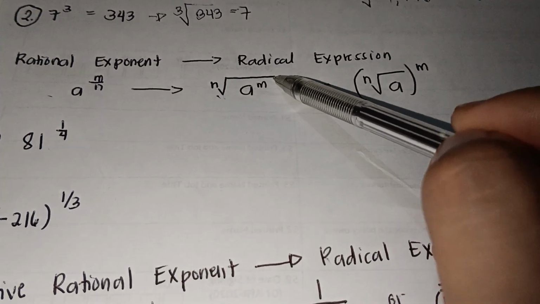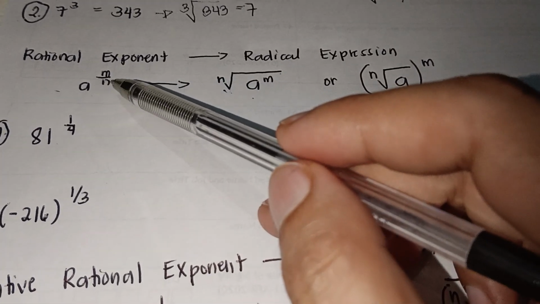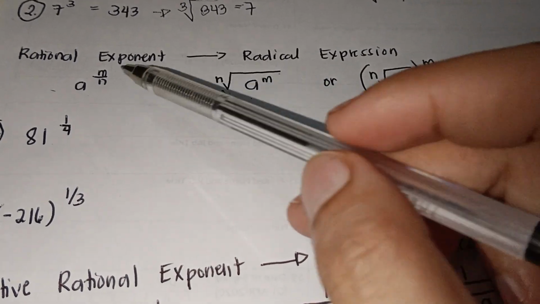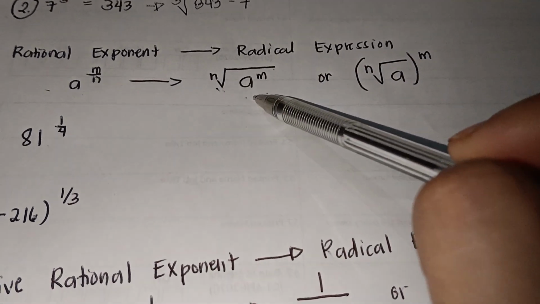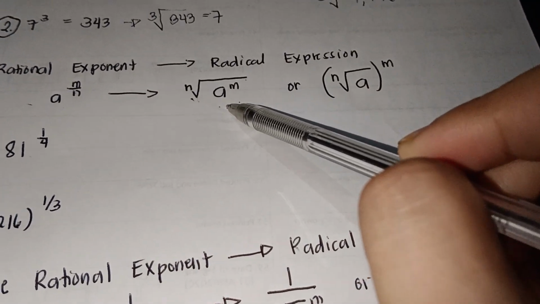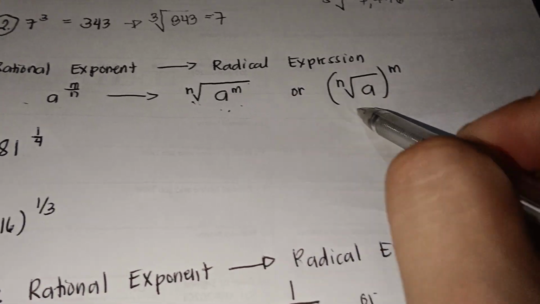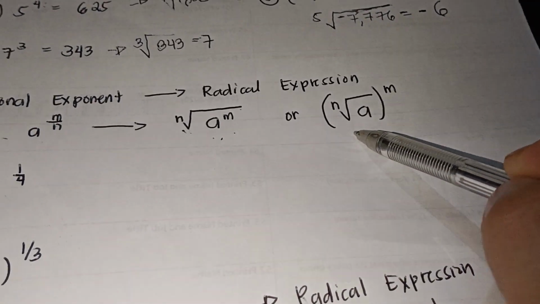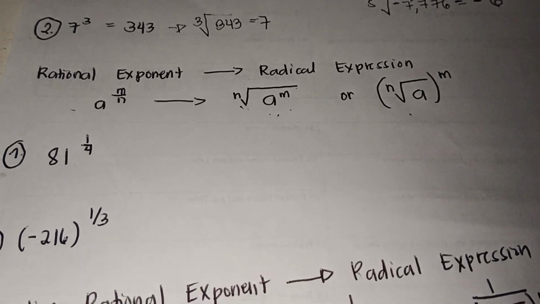Then radical sign, copy the value of your a. Next is get the value of the numerator which serves as the exponent ng radical po natin. So, meron po tayong formula 1 and may formula 2 po tayo. It's up to you kung ano po yung gagamitin ninyo. Any of the two naman po will do.